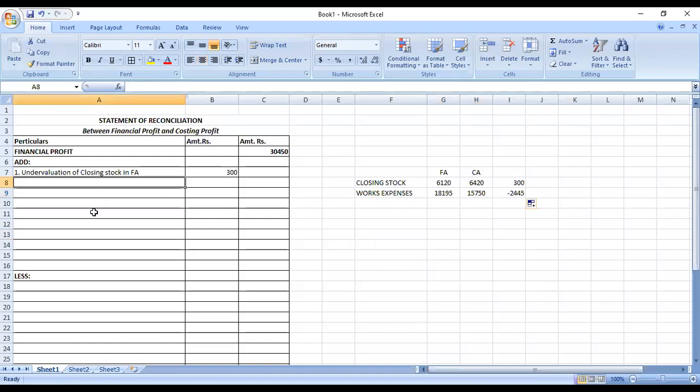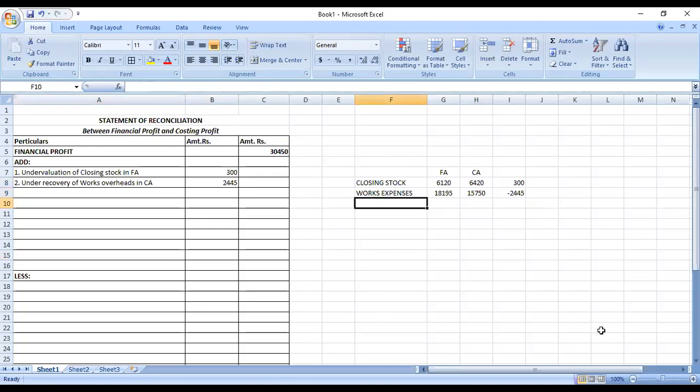Therefore, under recovery of overhead in cost accounts, कितना आता है? That is 2,445. Okay, next one. What is the next one?